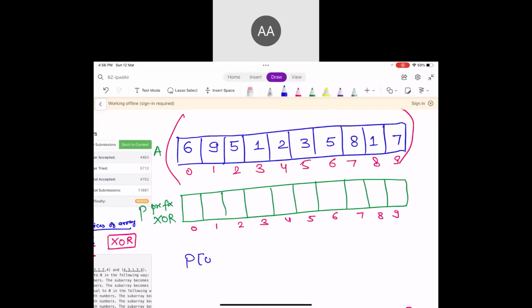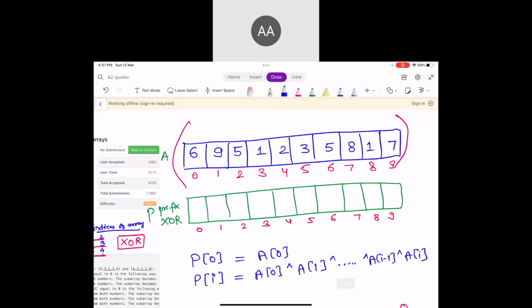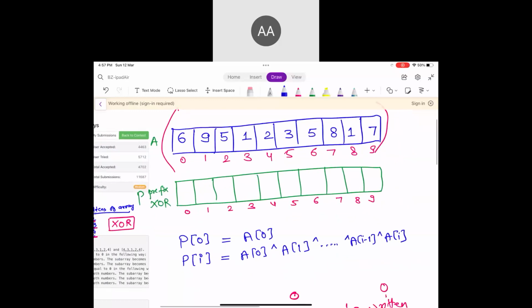So P of 0 will be A of 0 and P of any index I will be A0 XOR A1 all the way up to AI minus 1 and AI. I can recursively write it as prefix XOR of I minus 1 XOR AI.